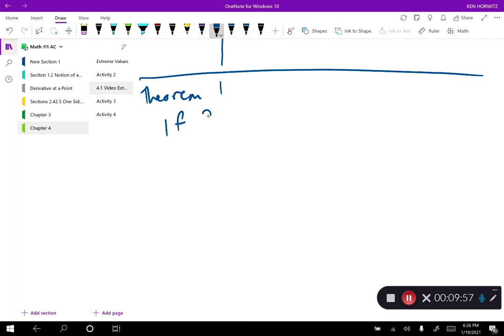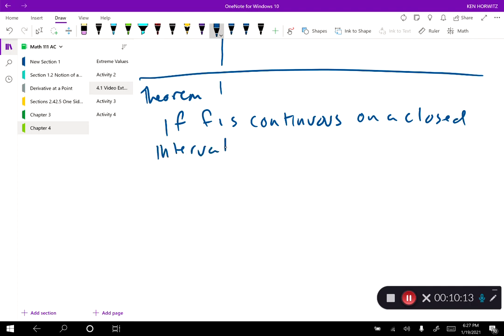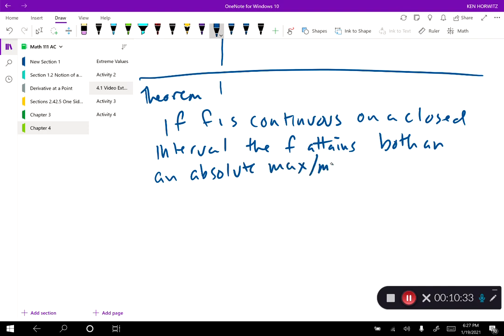If f is continuous on a closed interval, then f attains both an absolute max and min on that interval.